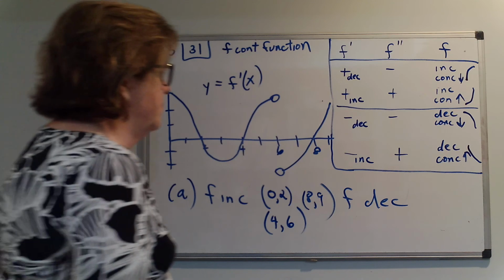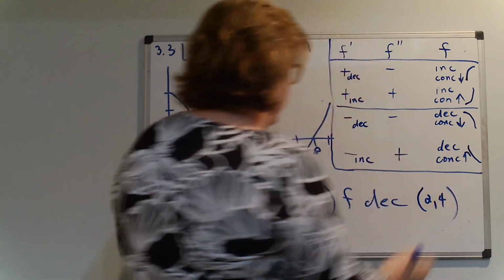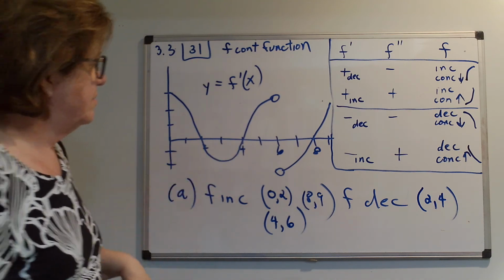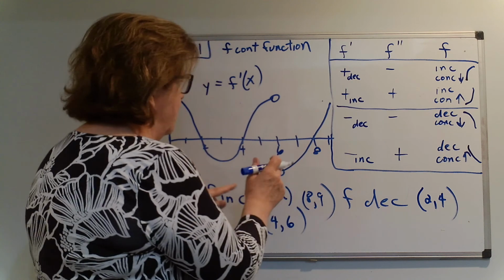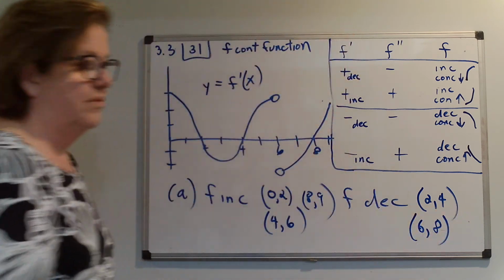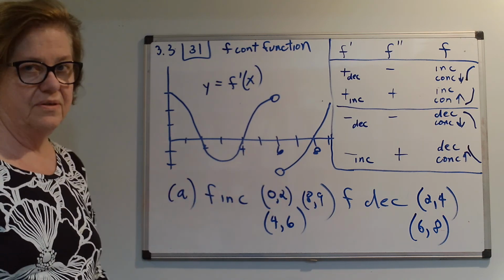The other places are where the graph lies below the x-axis. So the function is decreasing where f prime lies below the x-axis, which is 2 to 4 and 6 to 8. So there's our answers. We know where f is decreasing, we know where f is increasing.